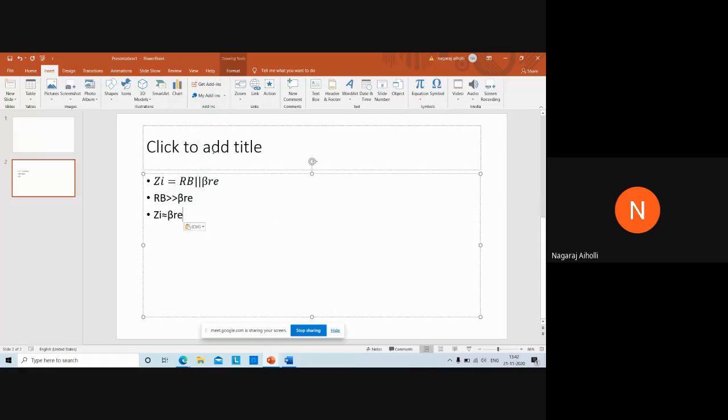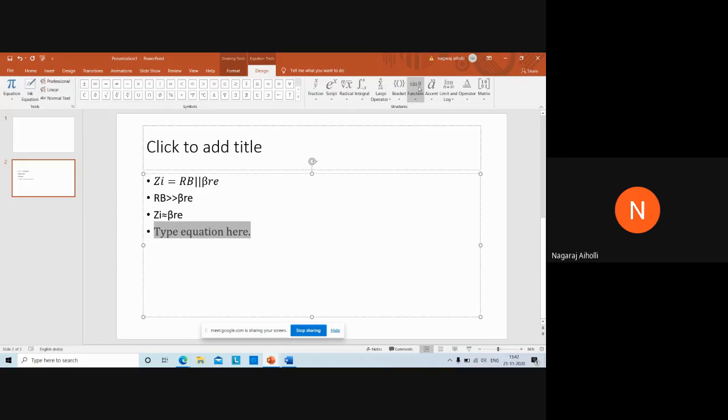Now, when this is equal to beta RE, small re will be approximately equal to Zi divided by beta.